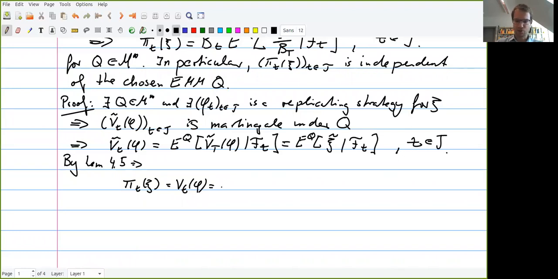Now I can introduce my discounting factors. So I multiply and divide by B_t of the value process at time t.